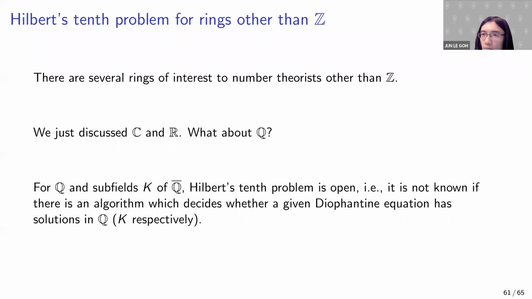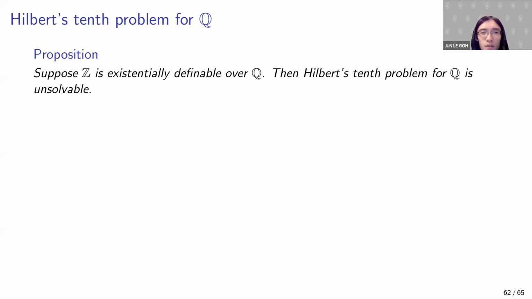There has been quite a lot of related work on this problem, and I'd like to describe a bit of this to you. One is an observation that relates Hilbert's 10th problem for Q to Hilbert's 10th problem for Z. This is maybe a natural thing to try.